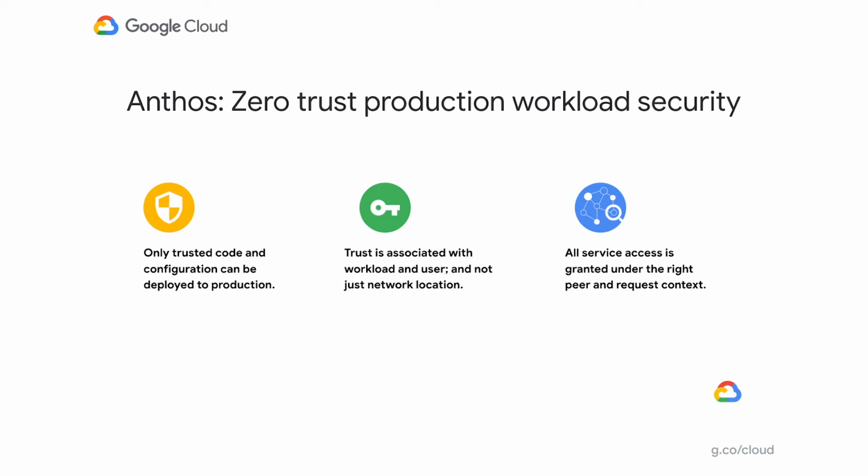The third is to make sure that all service access is granted to the right peer and under the right request context. So now we'll talk about how you can actually implement these principles in your production environment with Anthos technologies. And with that, I'll hand it over to Sandra to walk you through the Anthos workload lifecycle.